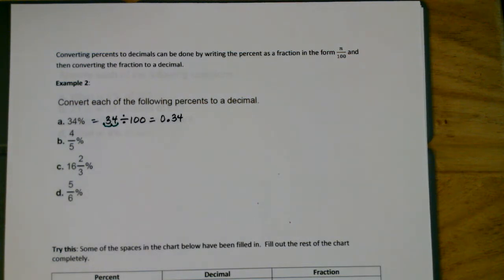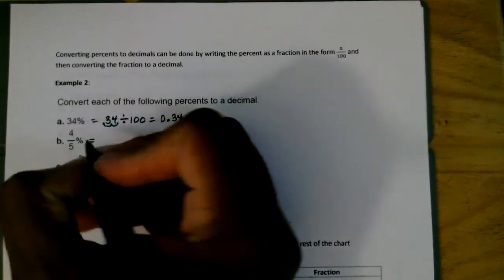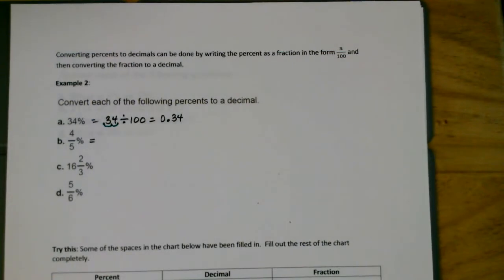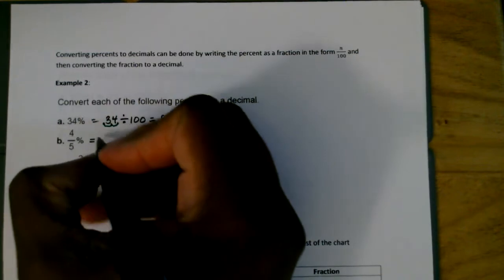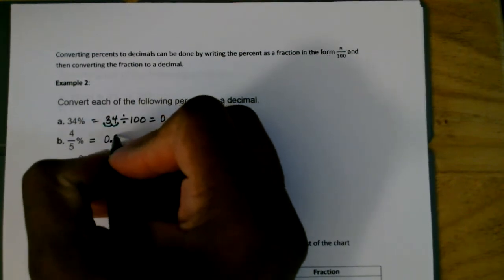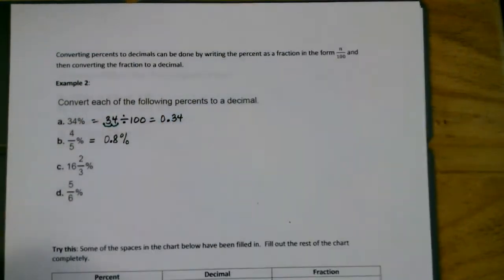Okay, now for this one, part B, we got 4/5%. Well, let's change 4/5 as a decimal. If I do 4 divided by 5, that would be 0.8 and 0.8%.